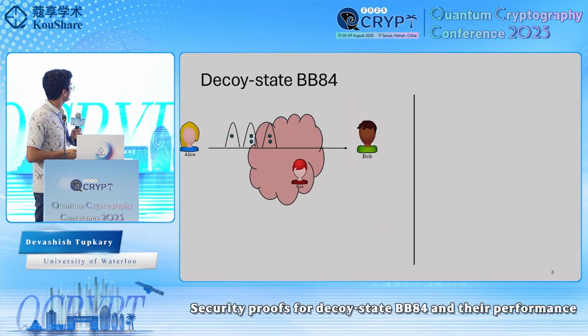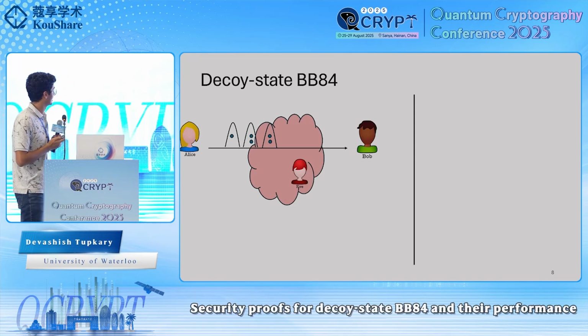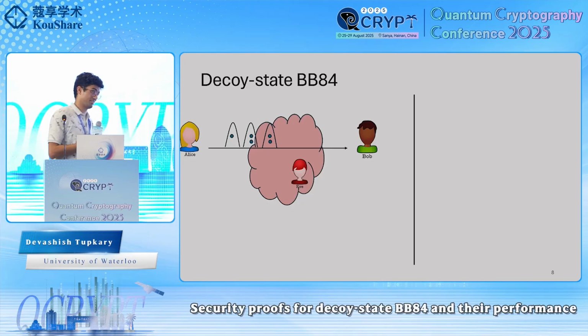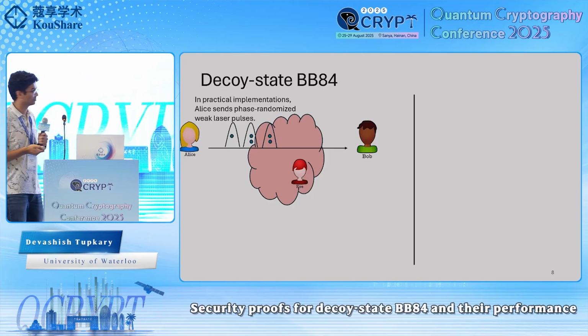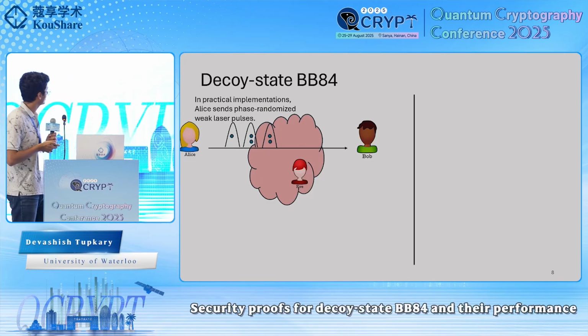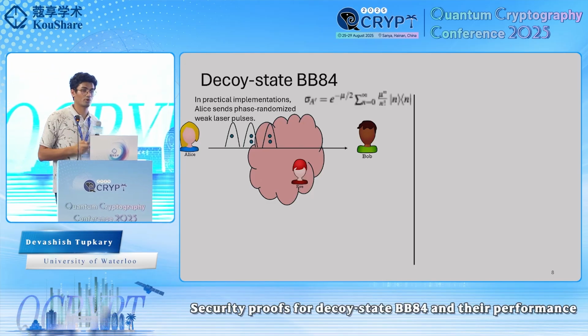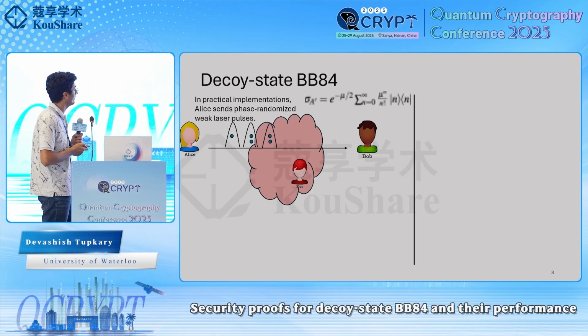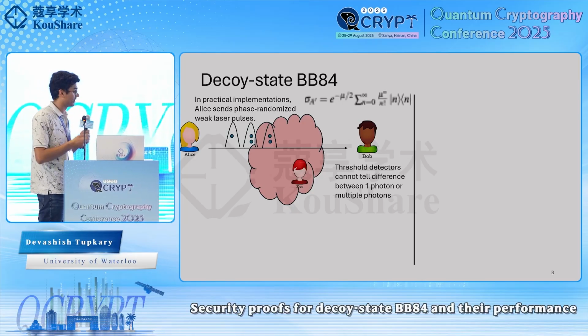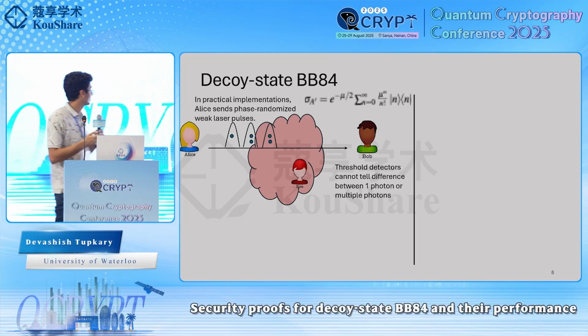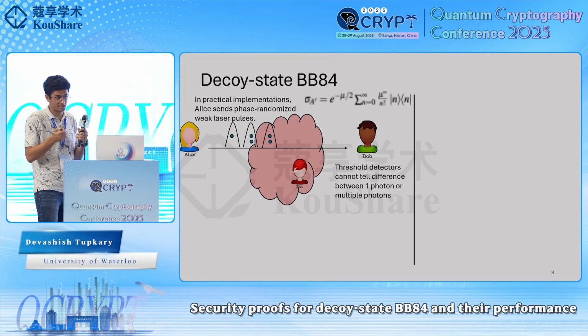Okay, so where does this decoy state come from? So in real implementations, Alice is not going to send a perfect qubit. Those are hard to prepare. So she's going to send phase randomized weak coherent pulses, which have some photon number distribution. Right? And basically, threshold detectors can't tell the difference between whether they're measuring 1 photon or multiple photons.